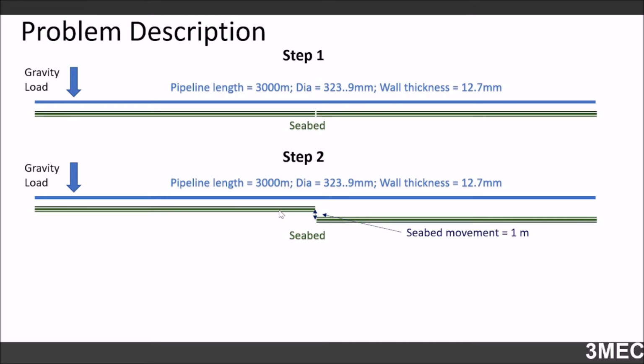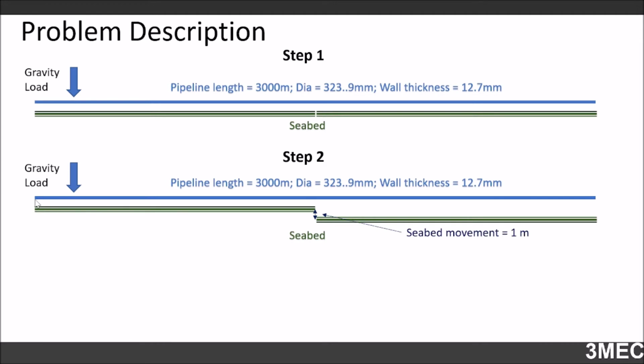The next step would be to simulate the movement of the seabed. The pipe will already be in contact with the seabed in a horizontal way, and then the seabed moves down due to anything which is happening in the sea itself, and your seabed starts to move around. That seabed movement will be around 1 meter. In this case, everything remains the same.